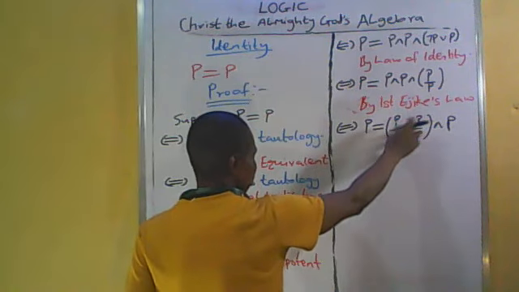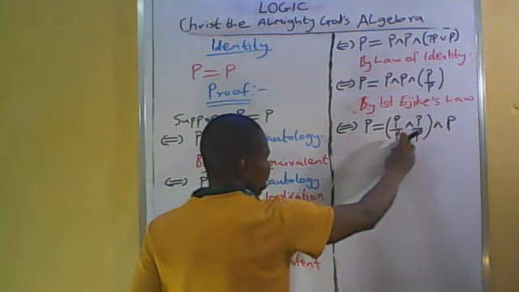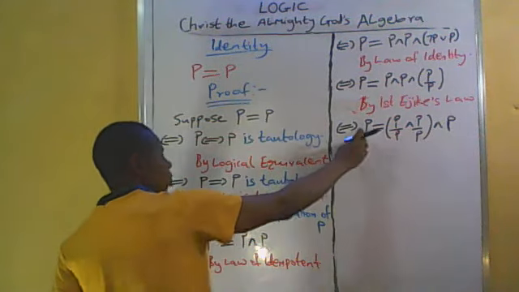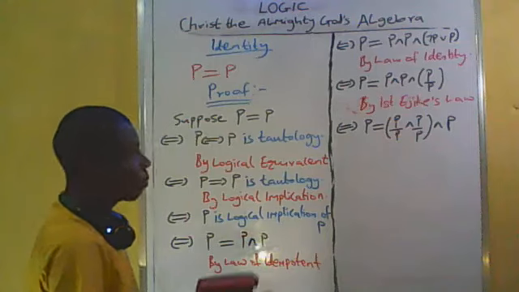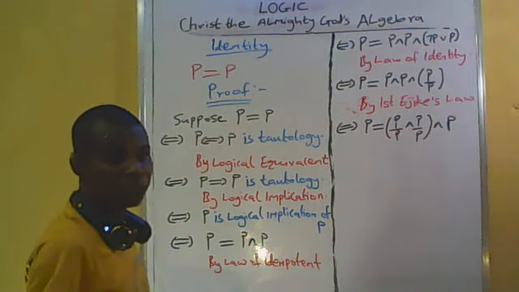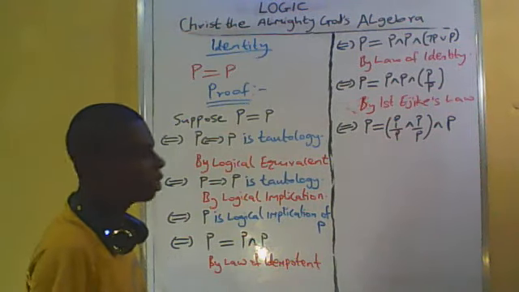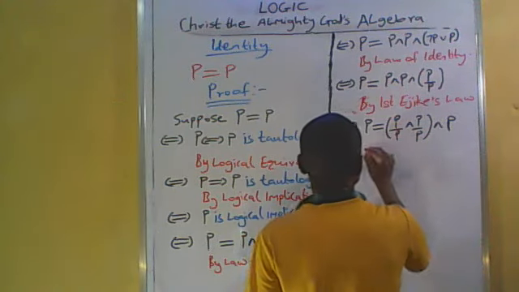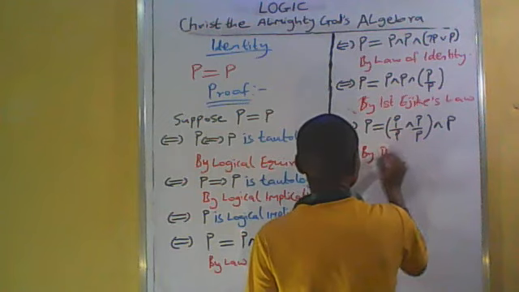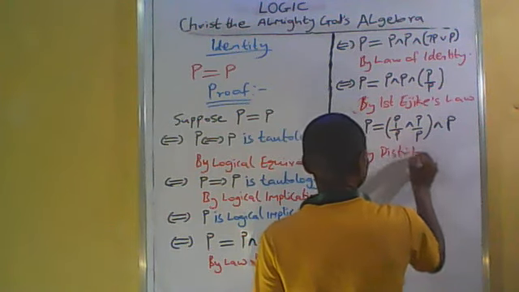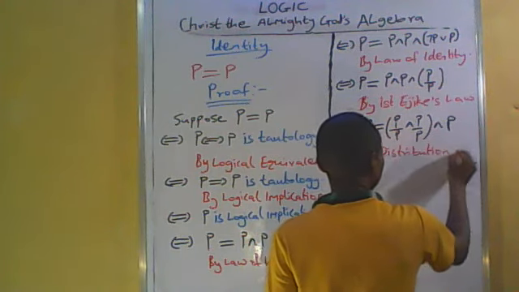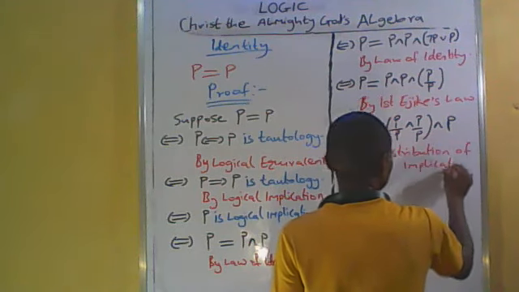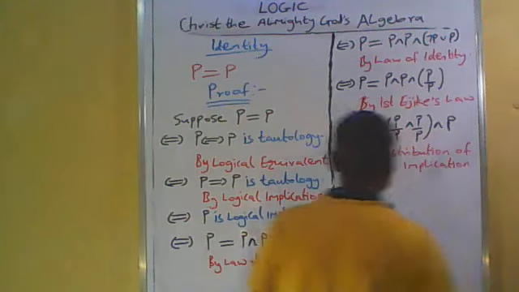Well, tautology and tautology is tautology. So tautology and P is P, which is equal to the left side of the equation, being justified by distribution of implication.